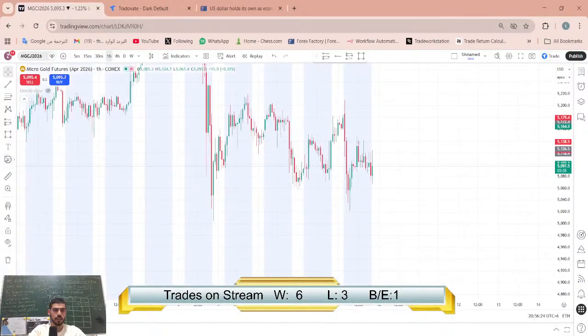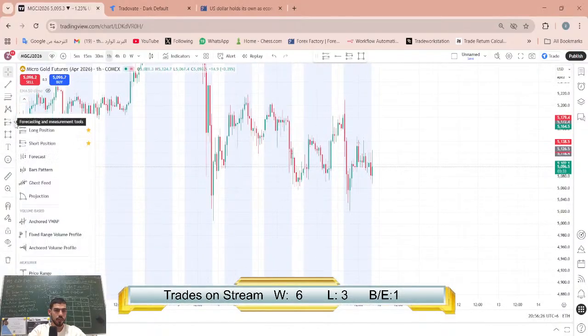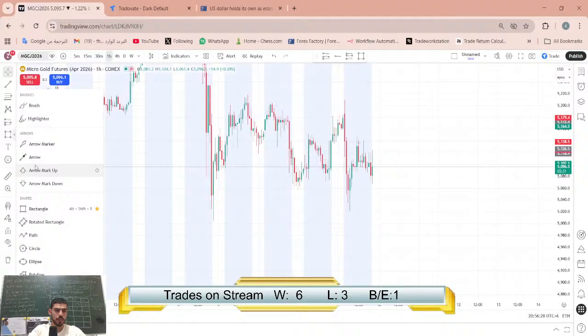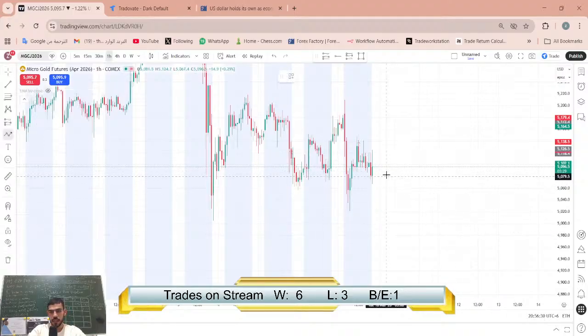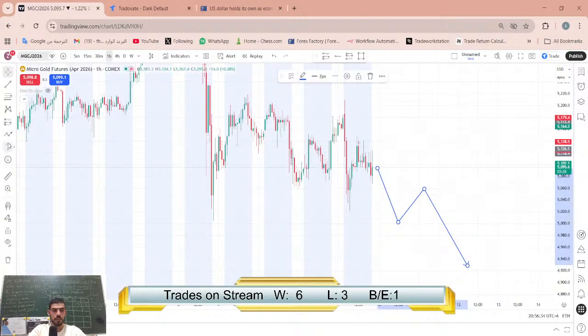What do you think, guys? Will gold melt, or will it move to the upside?